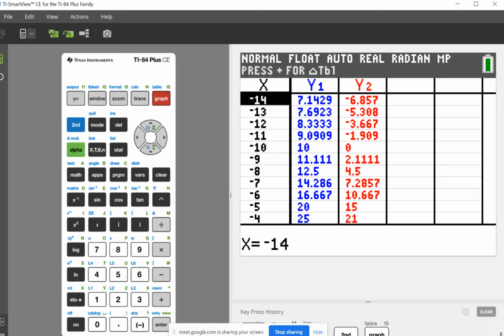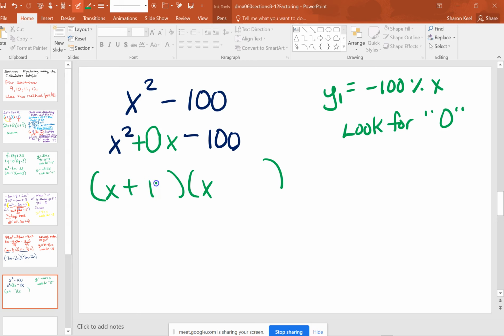One's positive, one's negative. So we have a plus 10 and a minus 10, and on this one we're finished. We stop there. Okay? So all of the sections 9 through 12, you may factor using these calculator steps as you go about doing each of those.